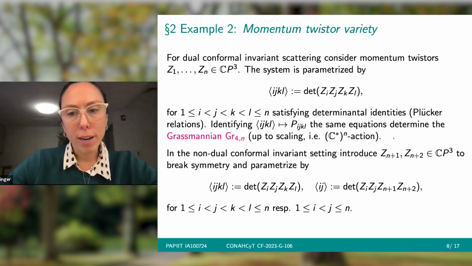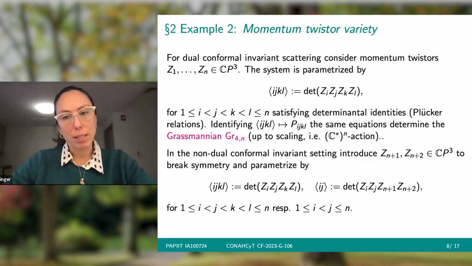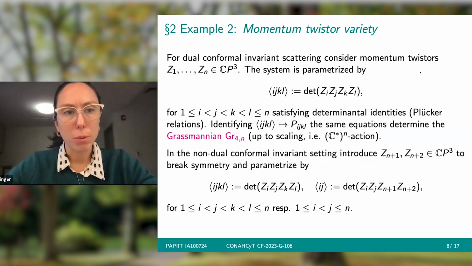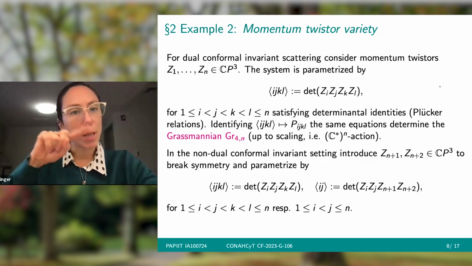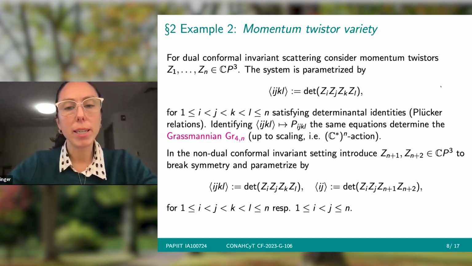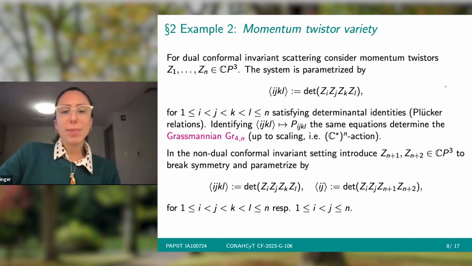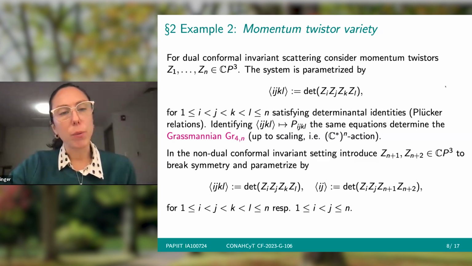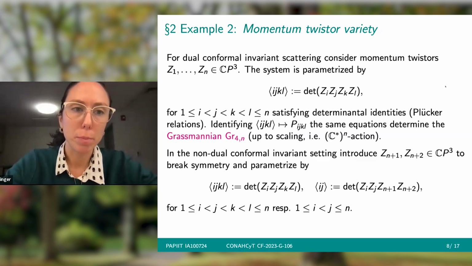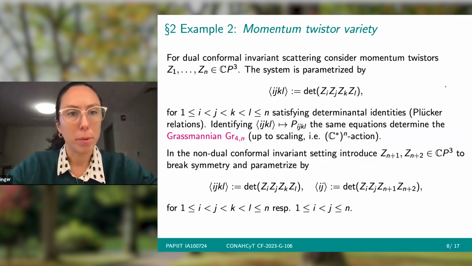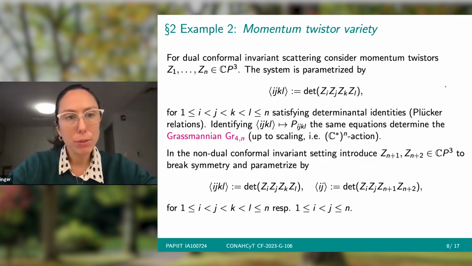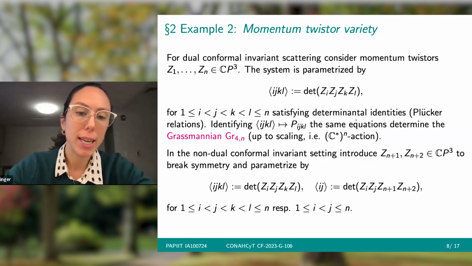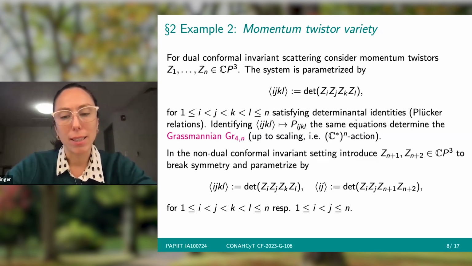Now, if I play the game just in this case, this will be the model for N=4 super Yang-Mills. There are lots of symmetries in here. For example, I have a cyclic symmetry around my particles. But there are some ways we can tweak this configuration to get rid of some of these symmetries. One way physicists do that is by introducing what they call a line at infinity, or an infinity twistor.